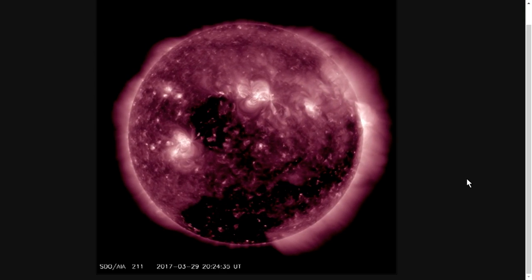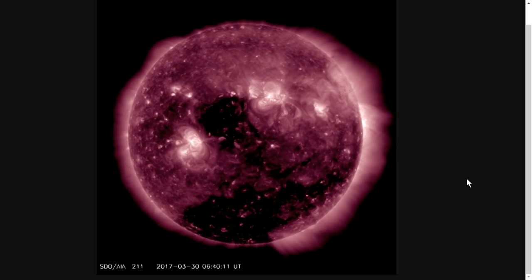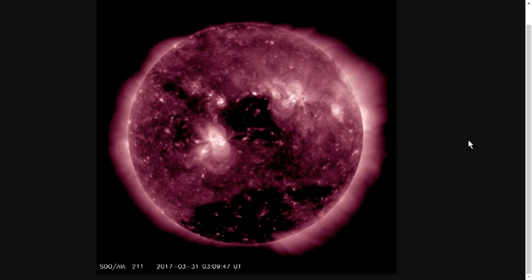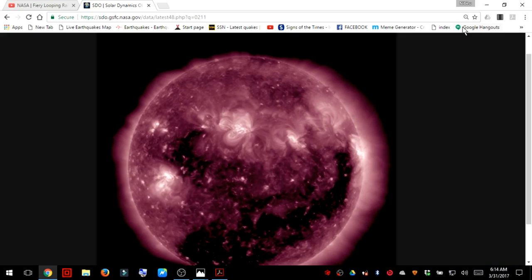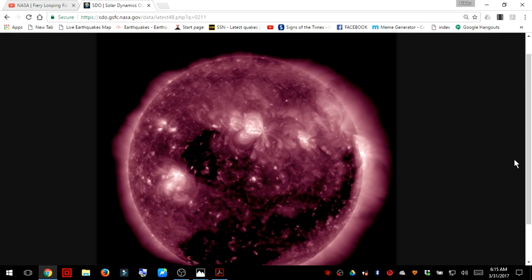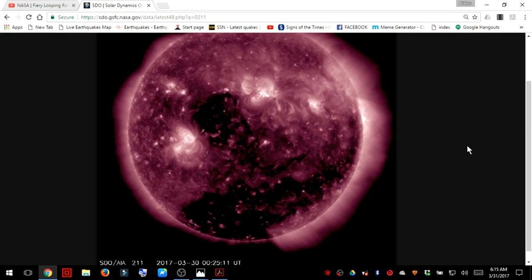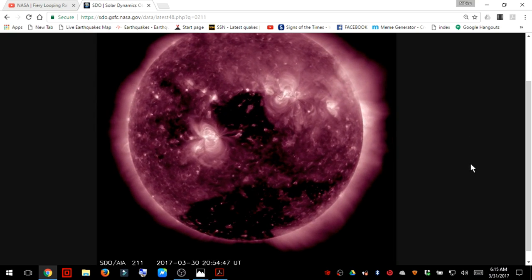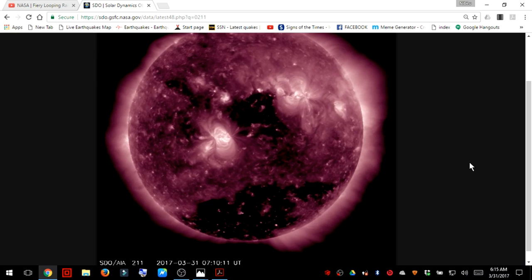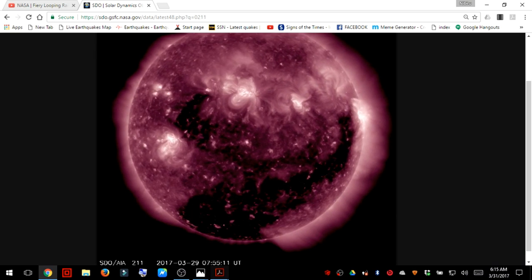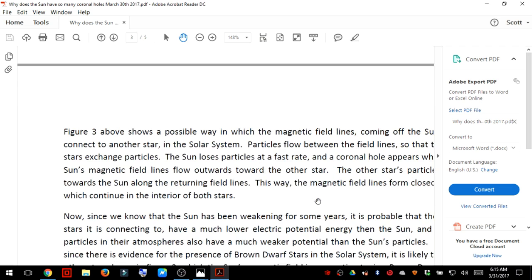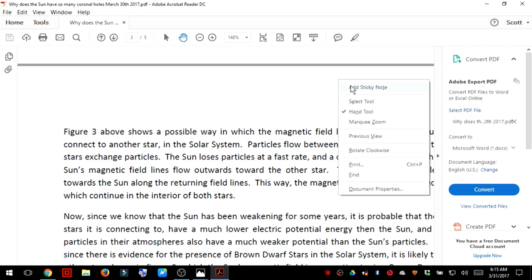So far, ladies and gentlemen, I haven't had anyone come with credible information pertaining to what is happening on our sun. Why are these coronal holes opening up constantly? It seems like every single week since the middle of 2016, we have this problem. Now, we're going to go ahead and go into the rest of this report.